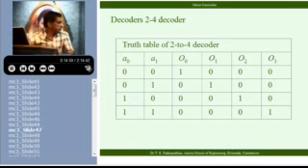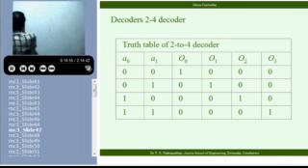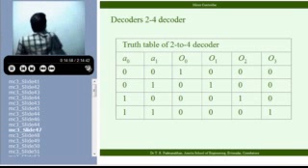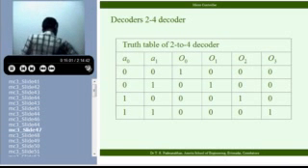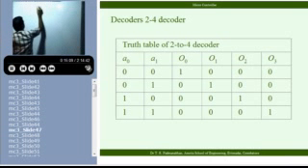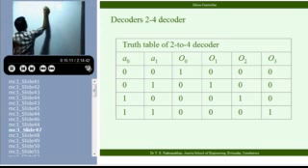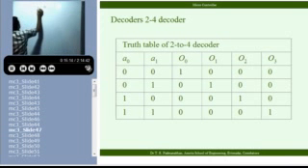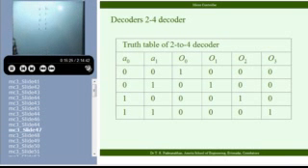in the simplest terms, it is something like this. I take a 2-bit number, A0, A1, the possible values are 0, 0, 1, 0, 0, 1, 1, 1. There are 4 possible values for this 2-bit number.